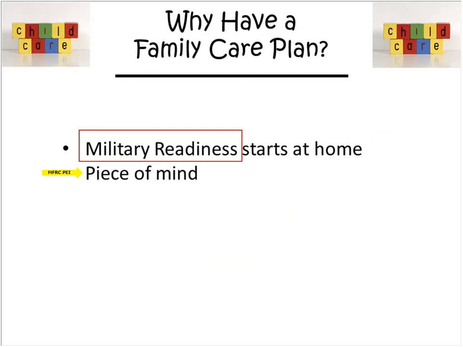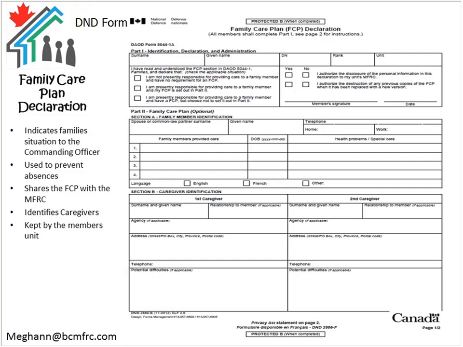So let's take a closer look at the Family Care Plan Declaration Form and the Emergency Child Care Plan Form. The Family Care Plan Declaration is a D&D form that must be completed by all Canadian Armed Forces members who have dependent family members.